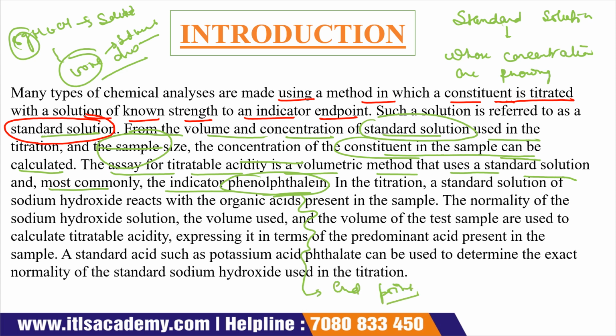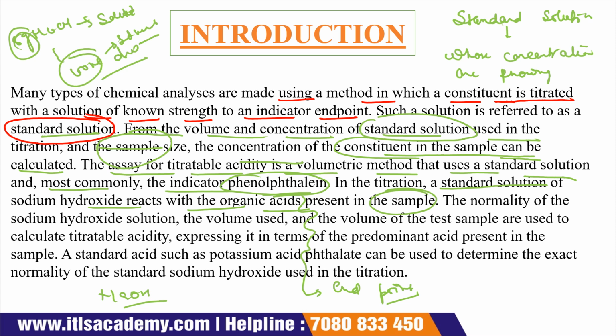In a titration, a standard solution of sodium hydroxide reacts with the organic acid present in a sample. Suppose we are performing a titration in which we have a standard solution of sodium hydroxide, that is NaOH.